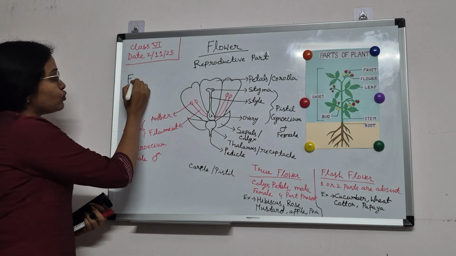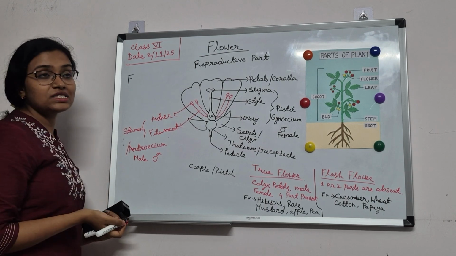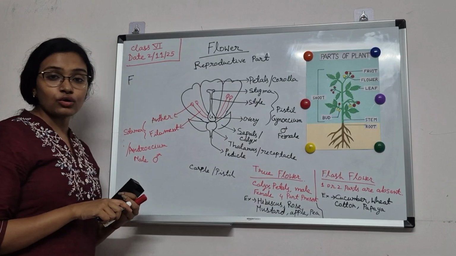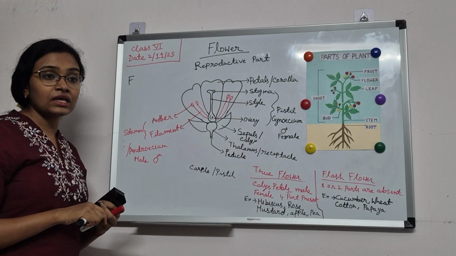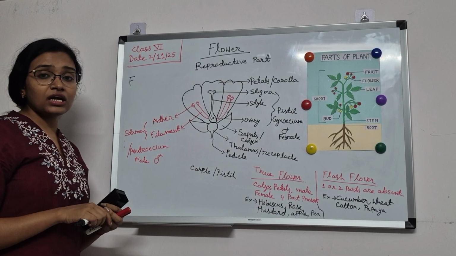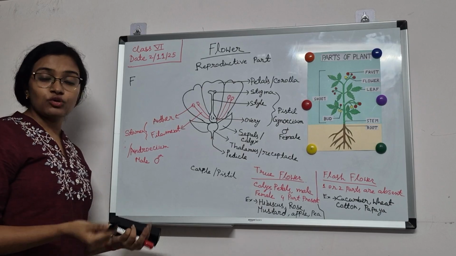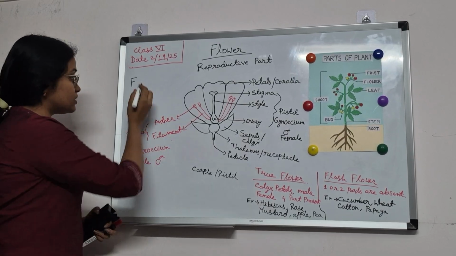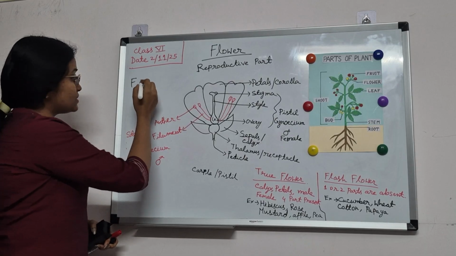In most plants insects are the pollinators, but there are other pollinators also, like air, water, and sometimes humans also act as the pollinating agent.